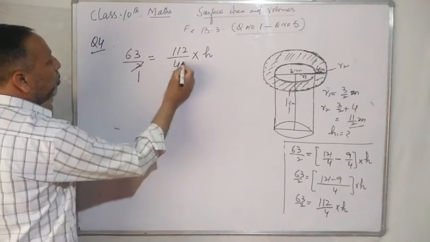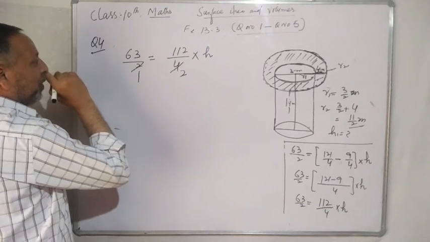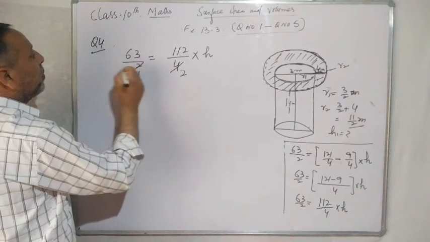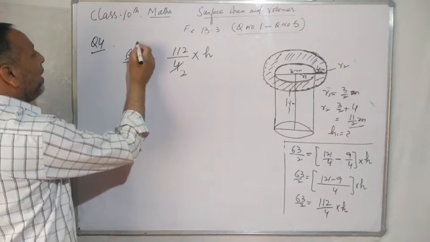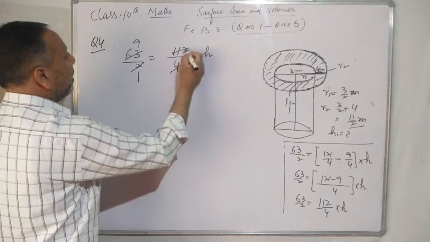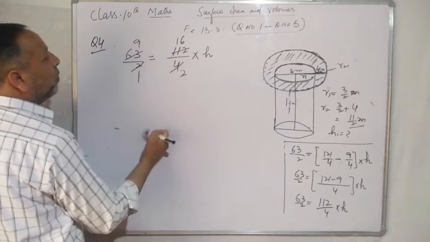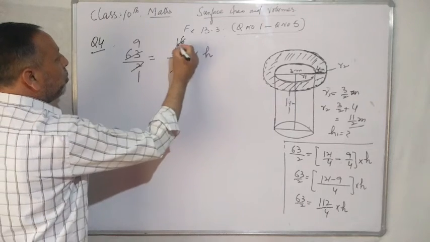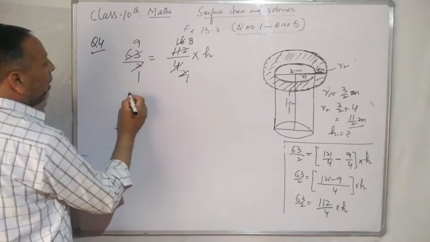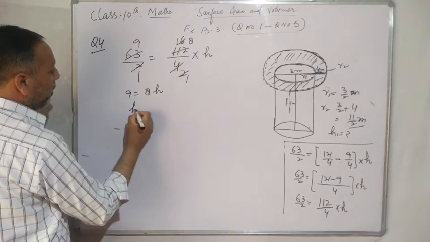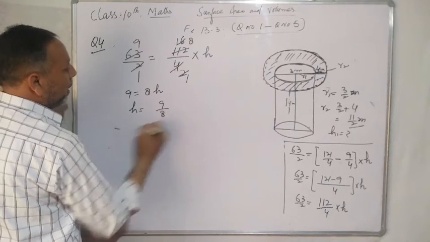So it is 63/2 is equal to 112 by 4 into h. 2 ones are 2, 2 twos are 4. 7 nines are 63. 7 ones are 7, 7 6s are 42. 2 ones are 2, 2 eights are 16. It is 9 is equal to 8h, or h is equal to 9 divided by 8.